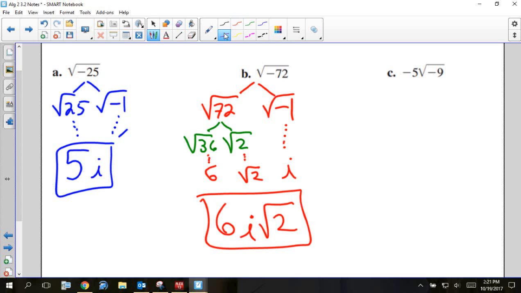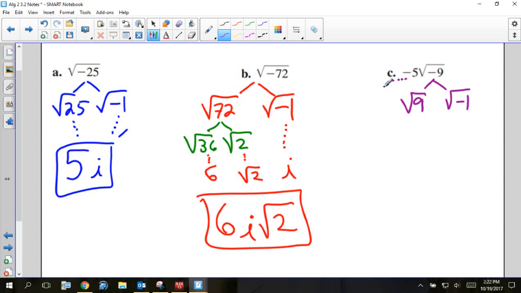So C, we've got -5 multiplied by the square root of -9. Can I take the square root of -9? No. So I'm going to separate the square root of -9 into the square root of what and the square root of what? Nine and the square root of -1. And then that -5 out there is being what operation with the square root?